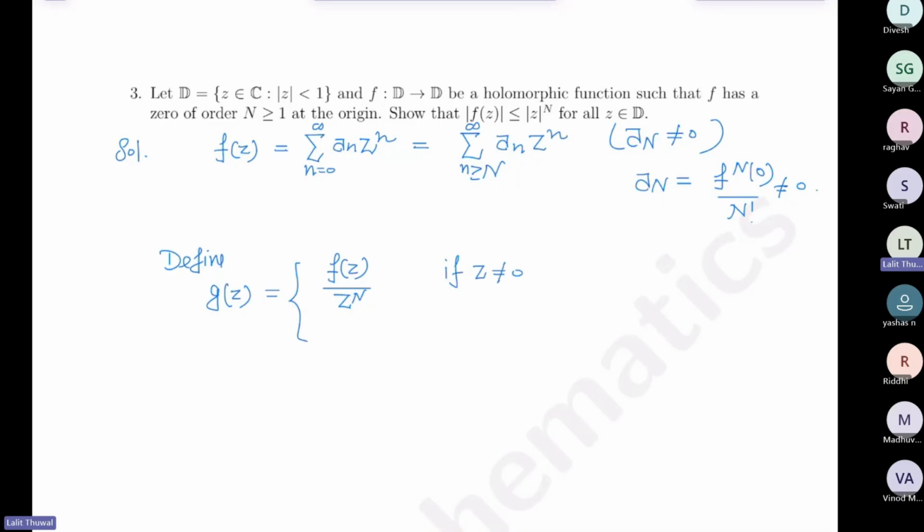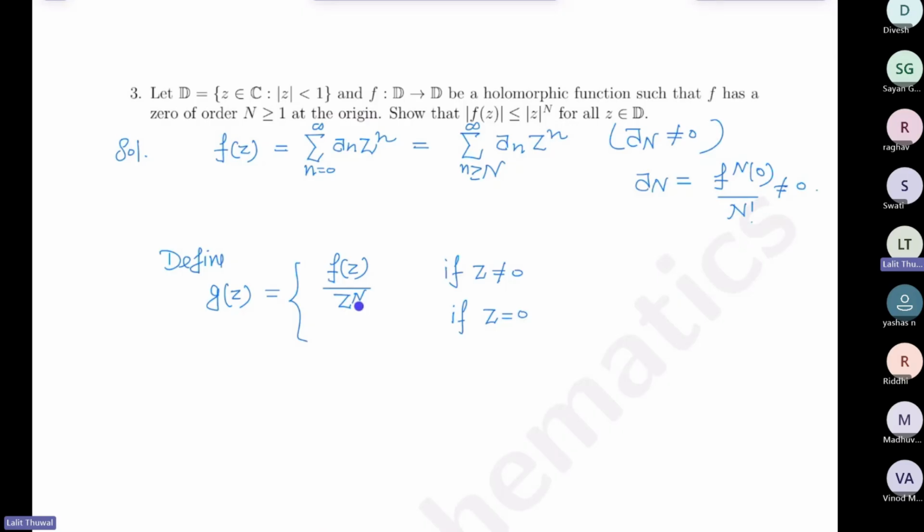And what will you define if z is 0? What should you define? It must be the limit, right?